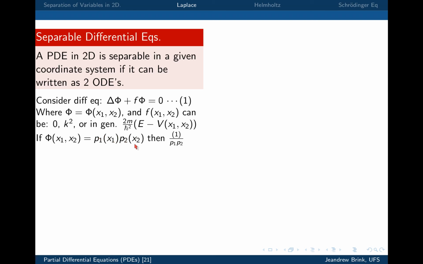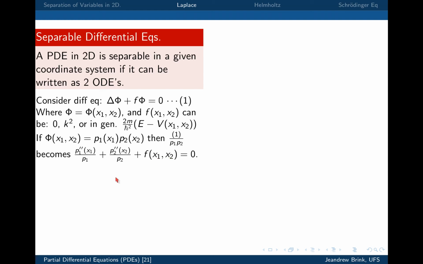We substitute it into equation 1, and just as we did in the examples on the previous slides, we're going to divide by the two functions, and then we get this expression. We basically get that the second derivative of p1 with respect to x1 over p1, plus the second derivative of p2 with respect to x2 over p2, plus f of x1, x2 equals 0.